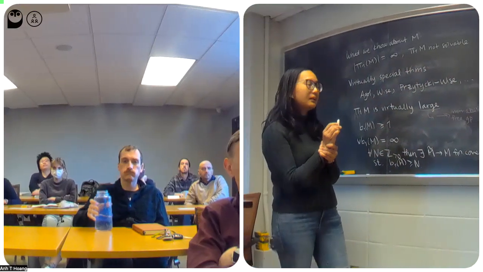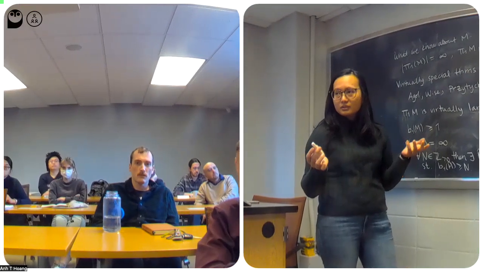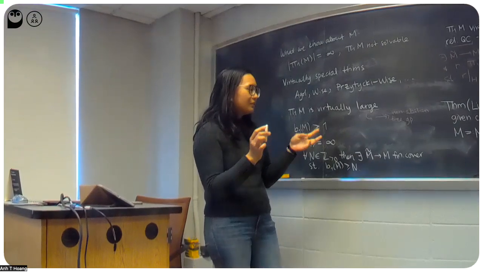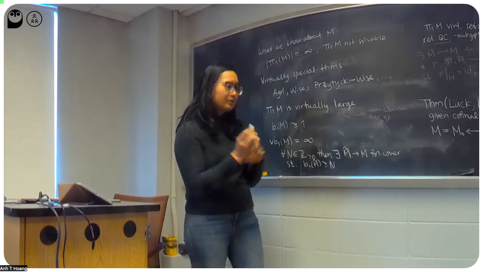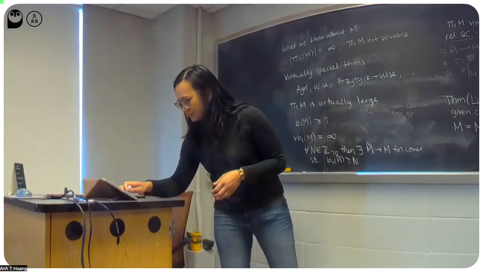Regular here, I mean normal. I guess sometimes people say regular, sometimes they say normal. And cofinal means that if I look at, say, the fundamental groups, so these all come from finite index subgroups, if I look at their intersection, it's trivial. So that's what cofinal means.